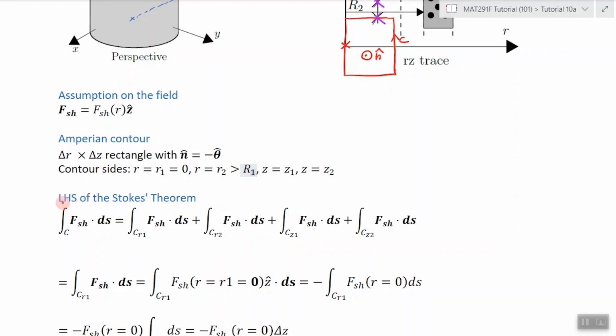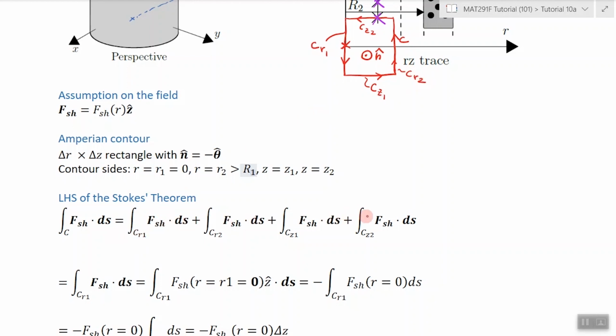Now let's evaluate the left-hand side of Stokes' theorem. This is the contour integral shown here. It's made up of 4 parts corresponding to each side of this contour. So this is CZ1, CZ2, CR1, and then this is CR2.